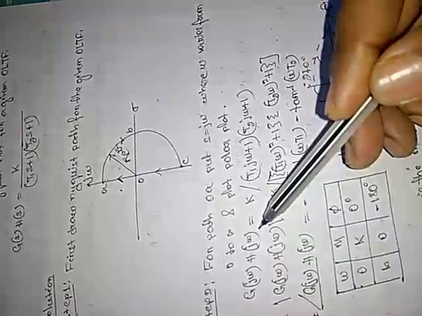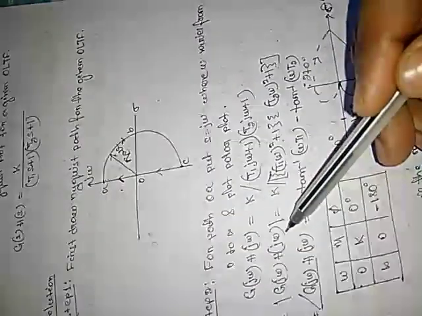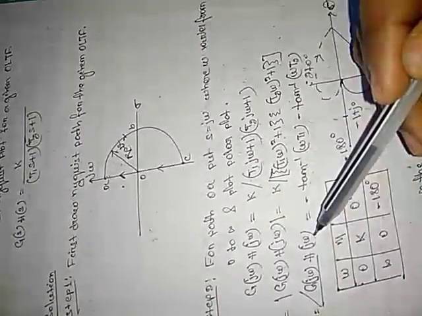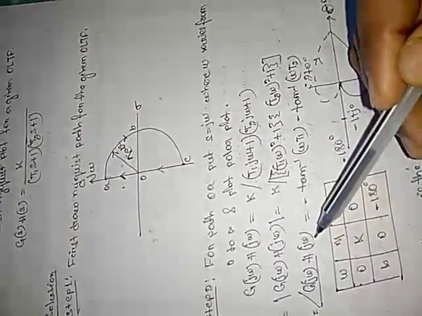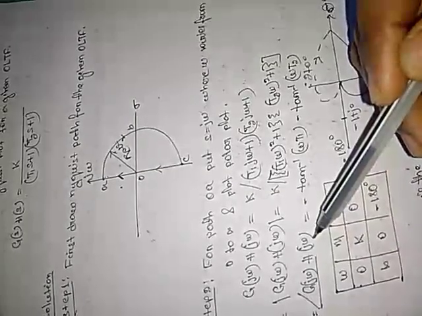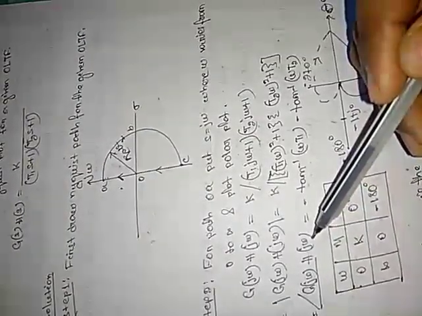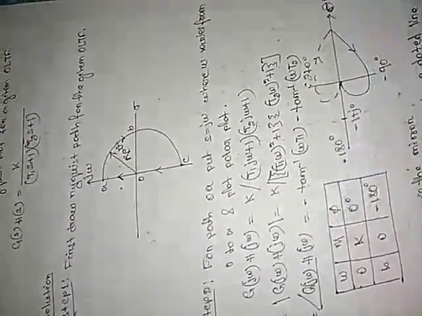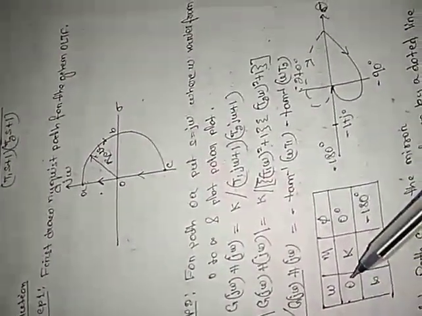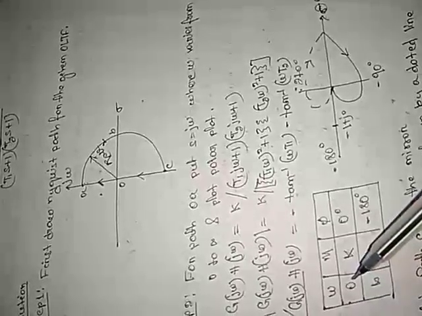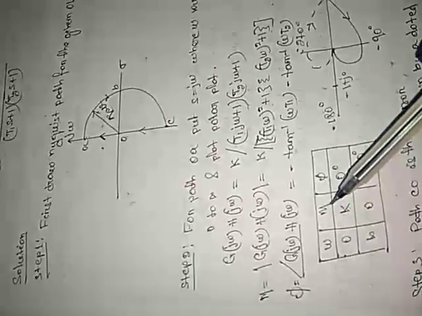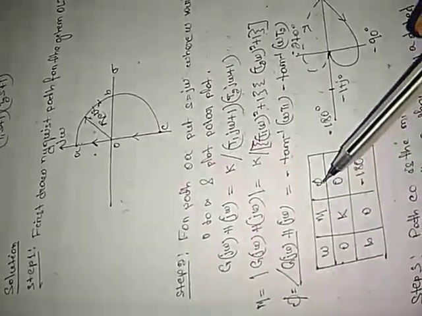After putting s equal to j omega, I find the magnitude and angle of G of j omega. After finding the magnitude and angle, you put omega equal to 0 and infinity and find the magnitude and phase angle.